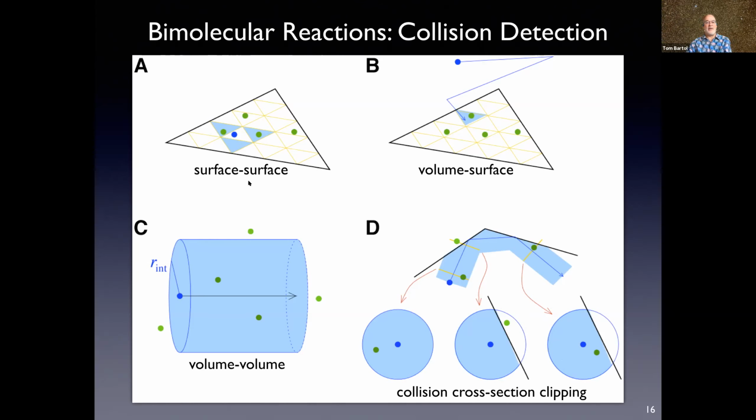Okay. Now, on the surface, we have yet another change in frame of reference. Now we're in 2D, and what we're talking about is collision not with areas, but with lengths.